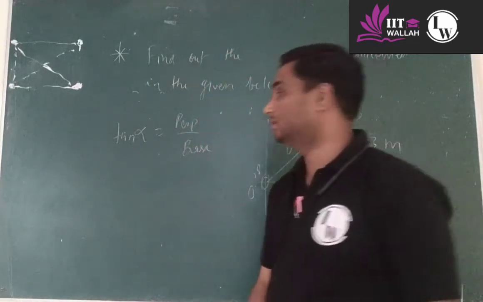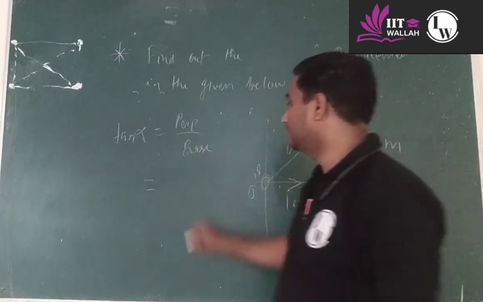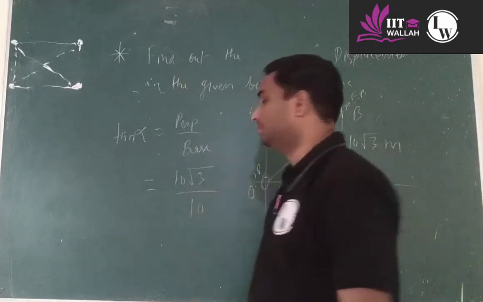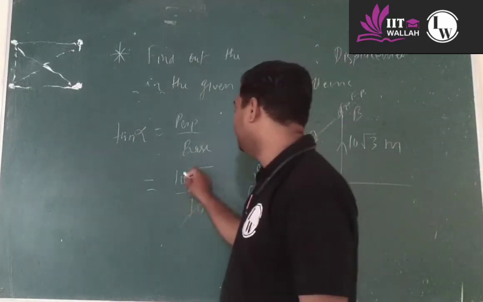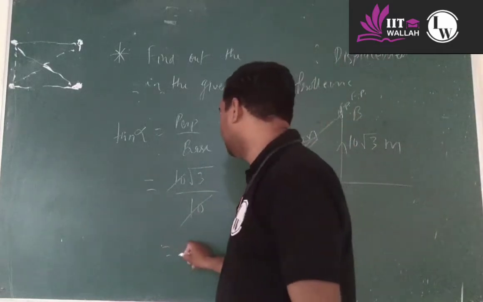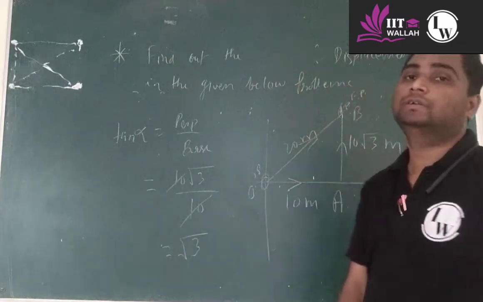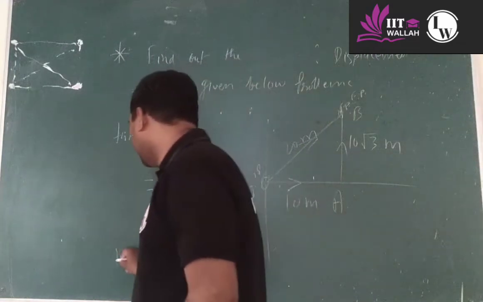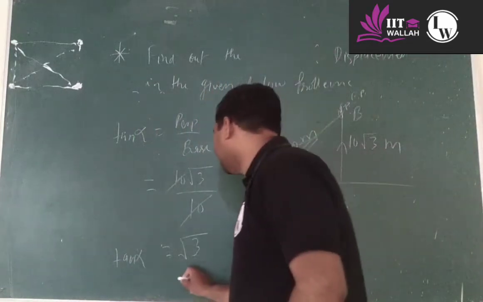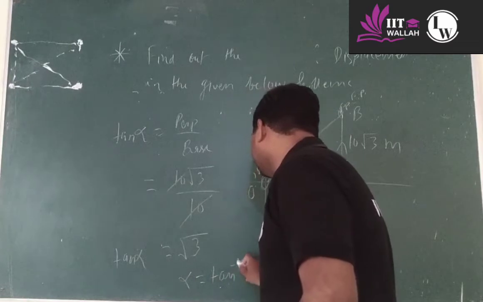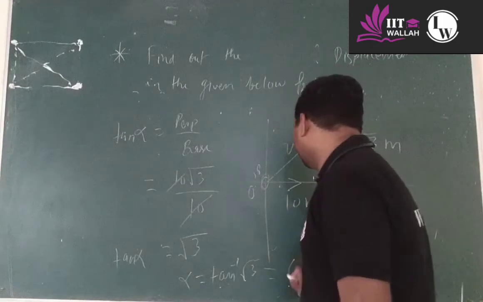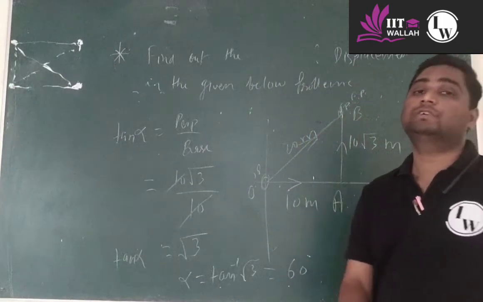Perpendicular is 10√3 and base is 10. The 10 cancels out, so tan alpha is equal to √3. So alpha is tan inverse √3, which is equal to 60 degree.